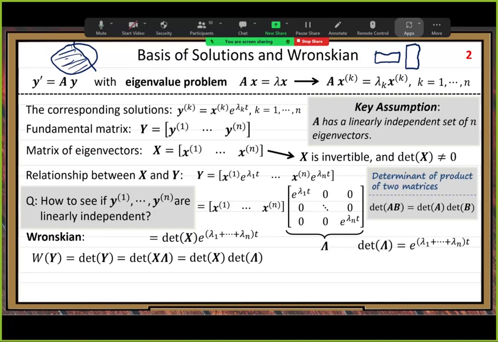So a non-zero number multiplied by a non-zero determinant means the whole product, the determinant of Y, is non-zero. So the Wronskian is non-zero, which means these n vectors in Y must be linearly independent.